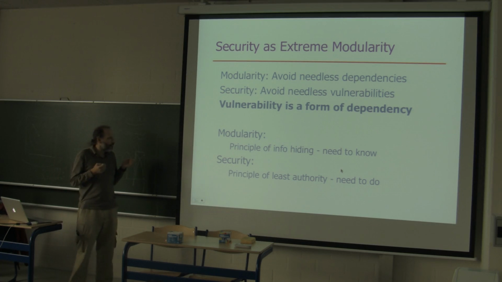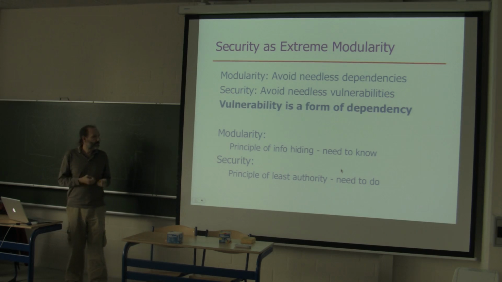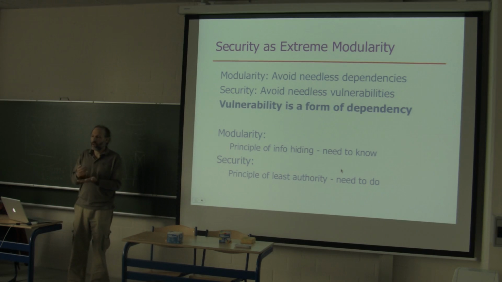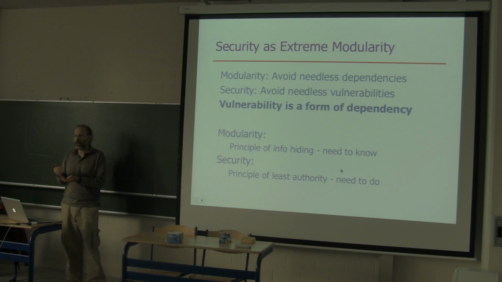In security, the main tool we have in our tool belt is the principle of least authority. The idea that the interface to a component should be designed so that it releases to its customers and demands from its customers only the minimum authority needed for the component to do its job. That the authority is only provided on a need-to-do basis.